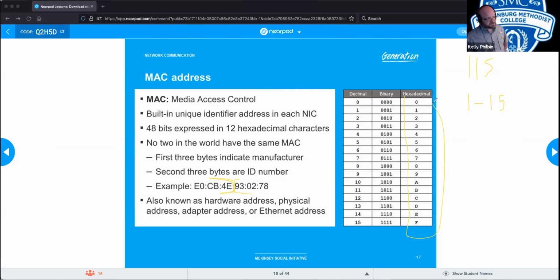We go from 0 to 9, maintaining the normal number nomenclature for your binary. And then when we hit 10, because how would we tell the difference between 10 and 1, 0, we now go to letters. So we have A, B, C, D, E, and F.